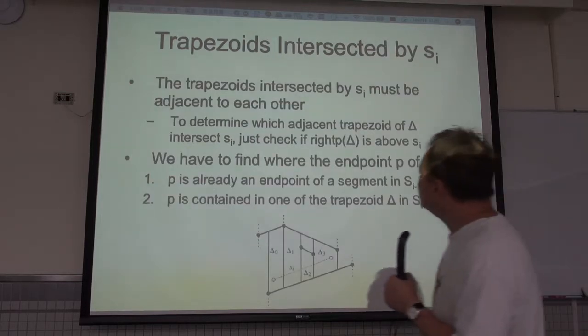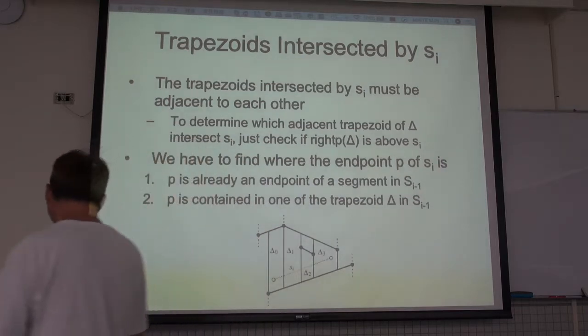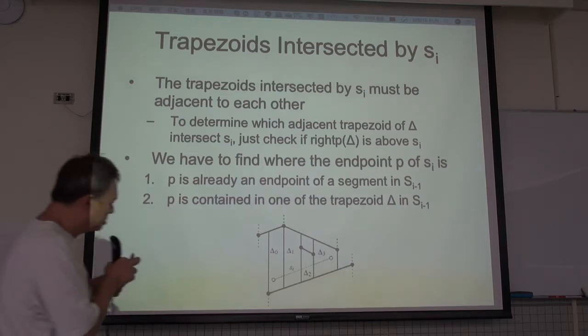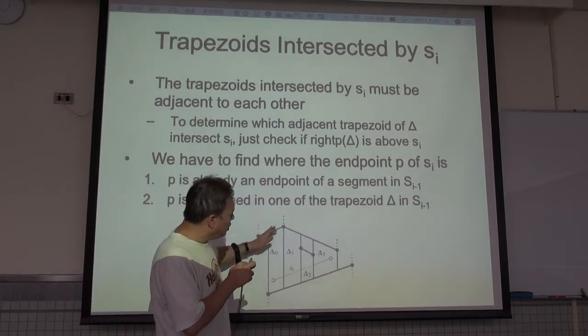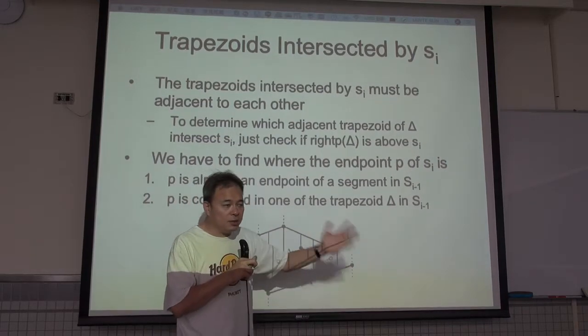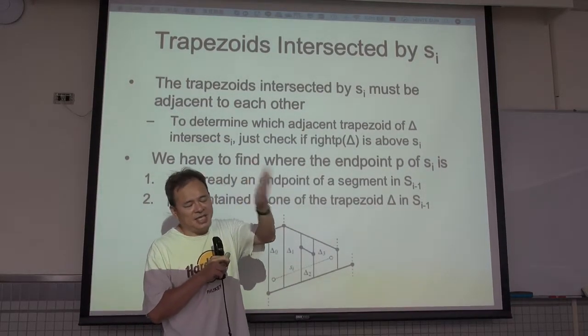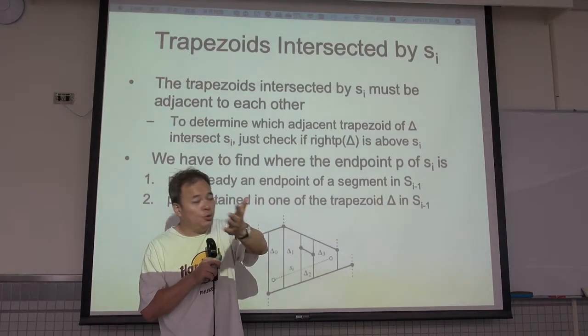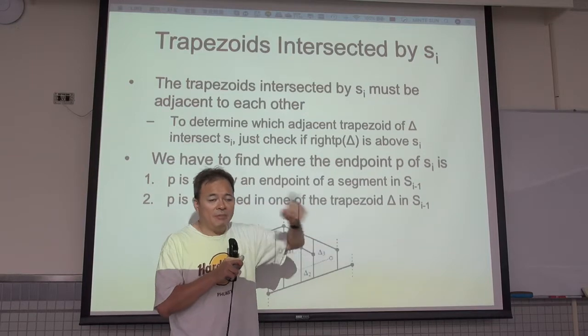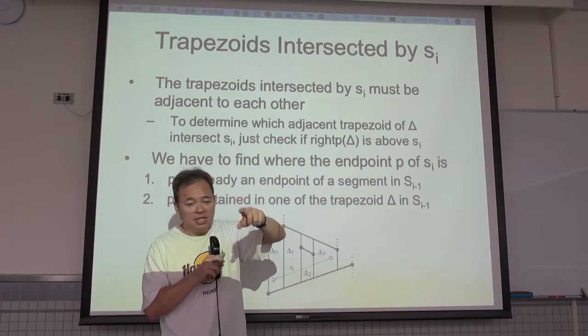The first thing I would like to tell you is this: the trapezoids intersected by Si must be adjacent to each other. For example, assuming I already added S1, S2, S3, S4 up to Si minus 1. Now I'm adding Si.